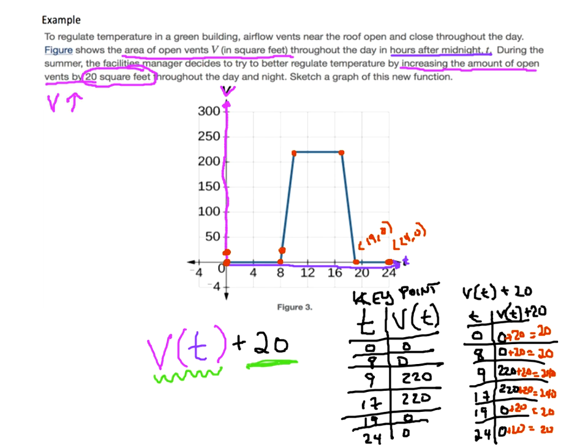(9, 240), (17, 240), (19, 20). Let me take those points off as well. (19, 220), not 220, (19, 20), and (24, 20).